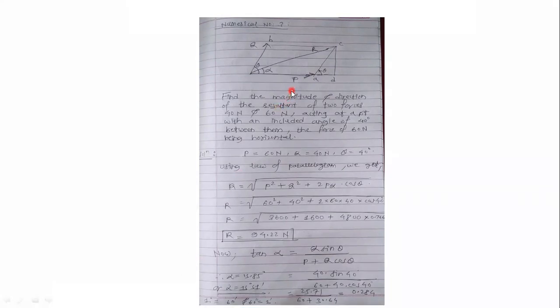Now what is given in this small numerical: find the magnitude and direction of the resultant of two forces, 40 Newton and 60 Newton, acting at a point with an included angle of 40 degrees between them, the force of 60 Newton being horizontal. This is the numerical where you have to find the magnitude and direction of the resultant.